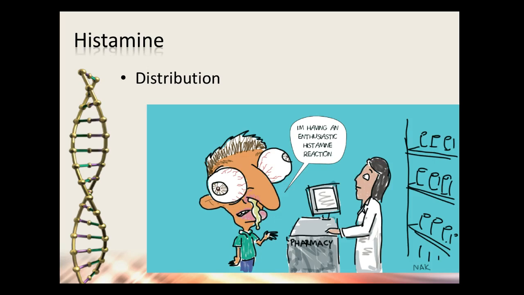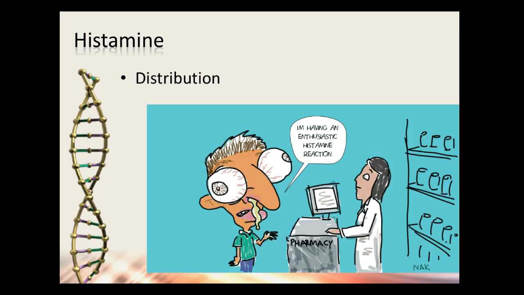All right, so what is histamine? Histamine is released from your body as an allergic response to something. So we have histamine in response to allergic reactions. So how is it distributed?